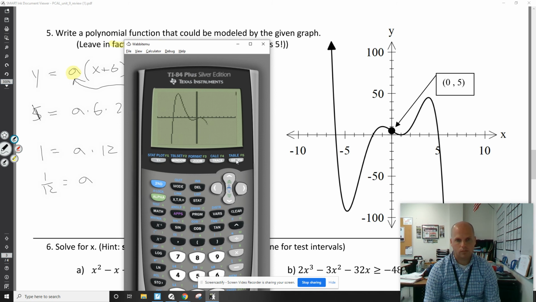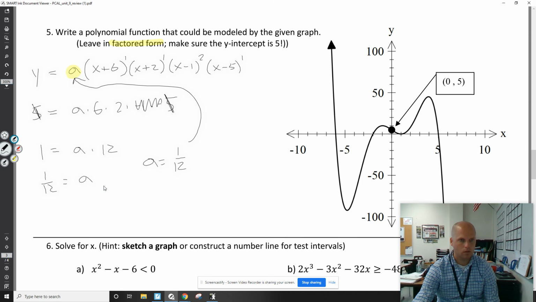Uh-oh. What happened? Did I not put -1/12? Nope. Why didn't I get -1/12? Hold the phone. It's -1 squared, team.